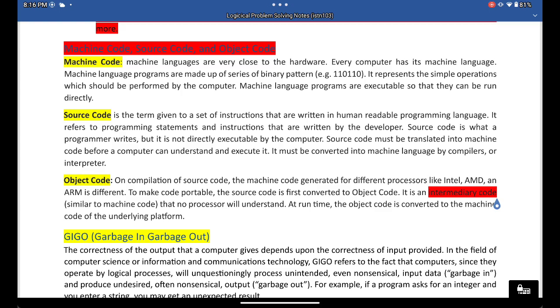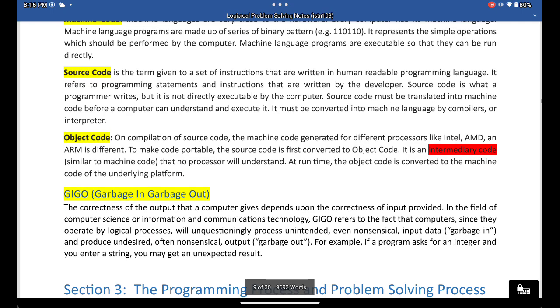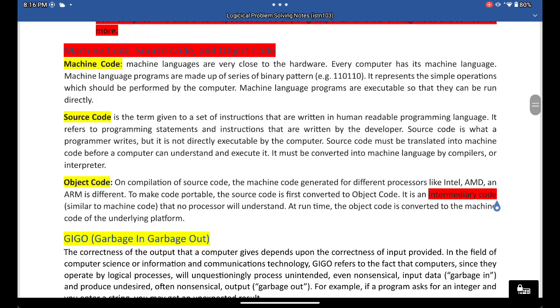But different systems like Microsoft, Apple and Linux need different machine level language requirements. So the object code will be translated to the specific machine language of the type of computer you have. This is like another translator to translate the translation. So the code runs from source code, to translation, to object code, and then machine code.